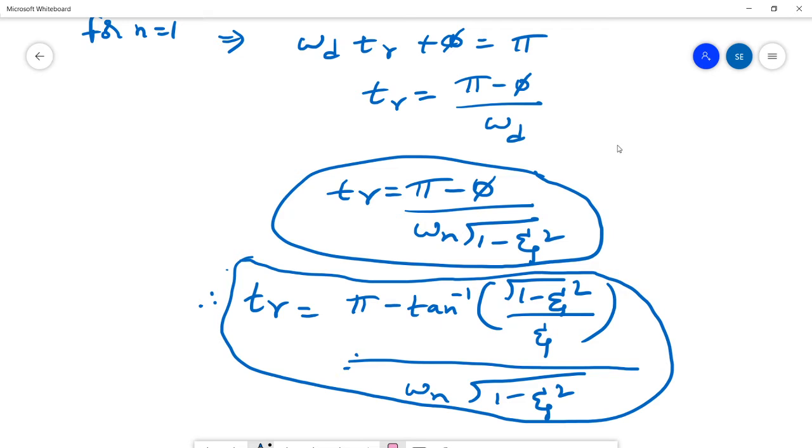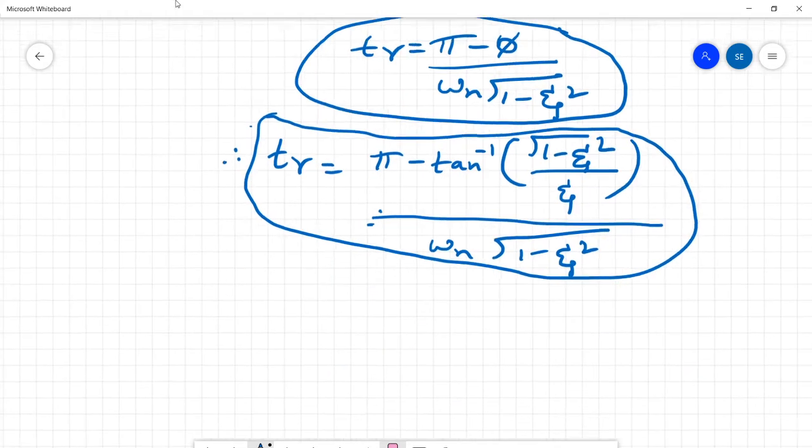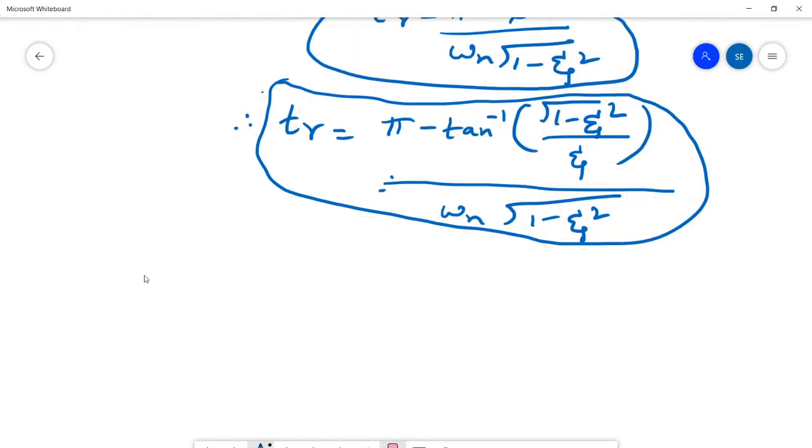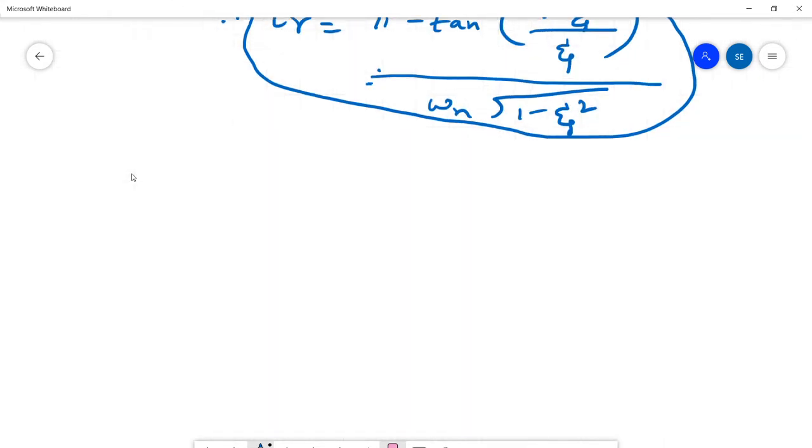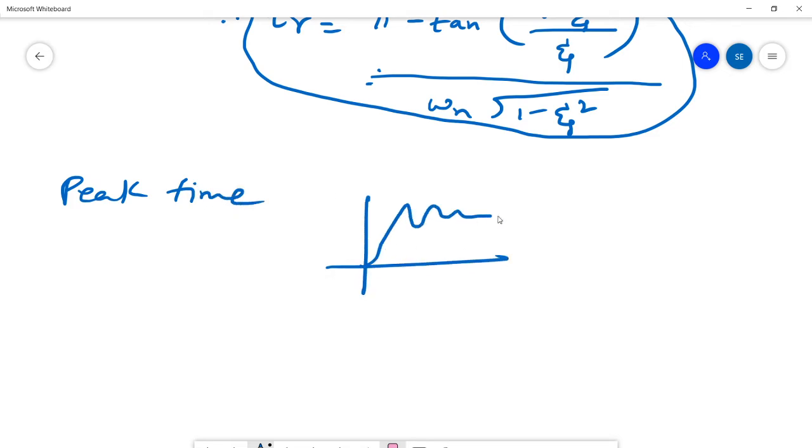Now we'll calculate peak time. What is the peak time? From the plot, peak time is the time taken for the response to reach maximum overshoot. If you have the plot, the first peak is the time taken for the first peak to reach maximum overshoot.